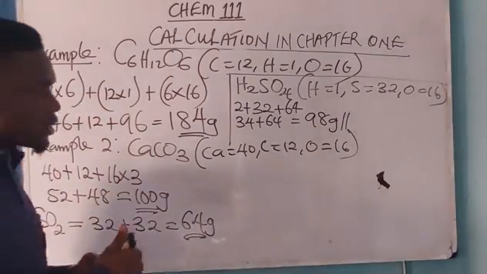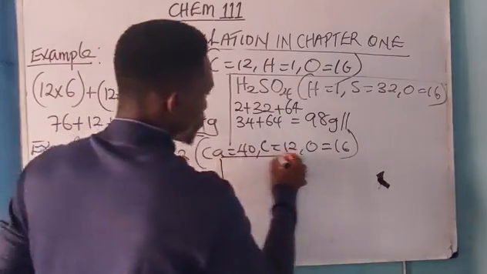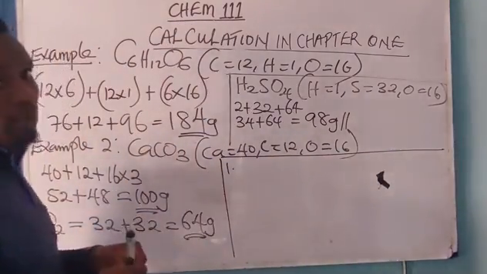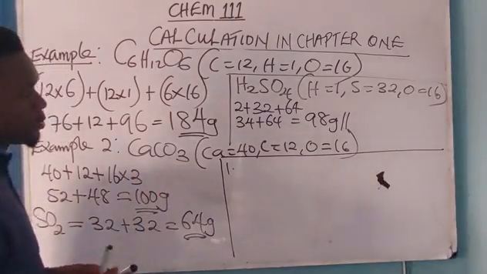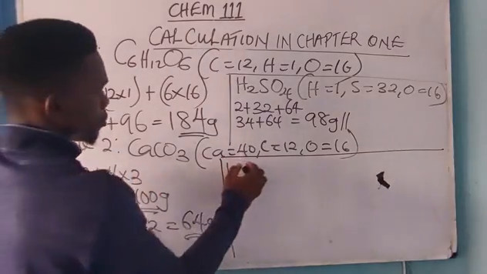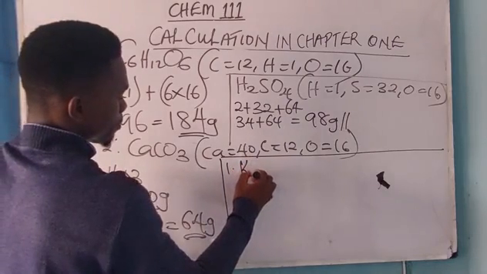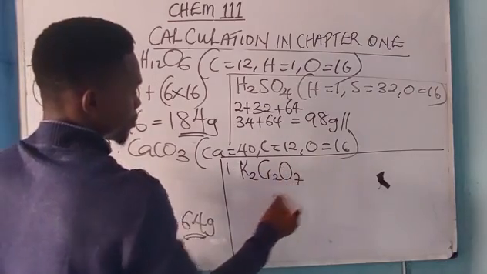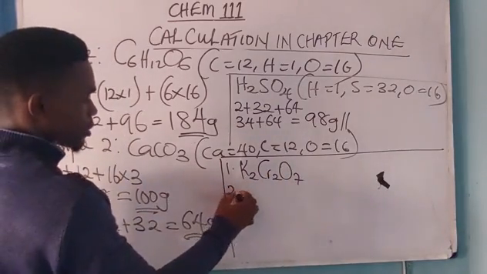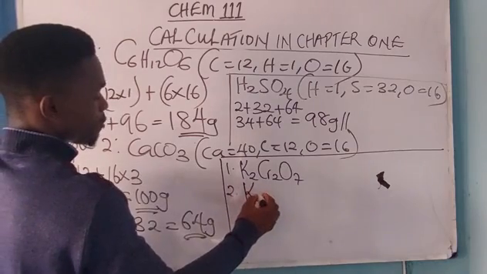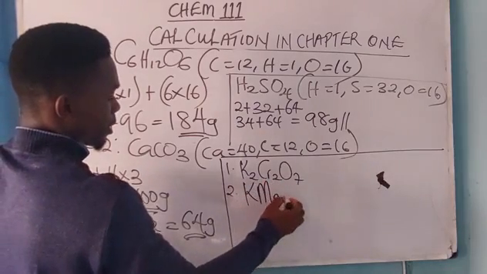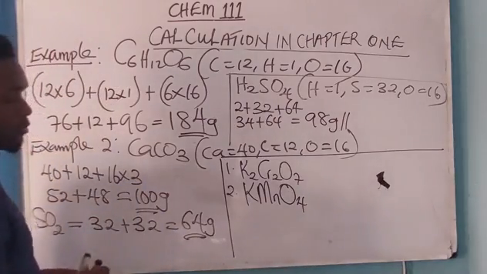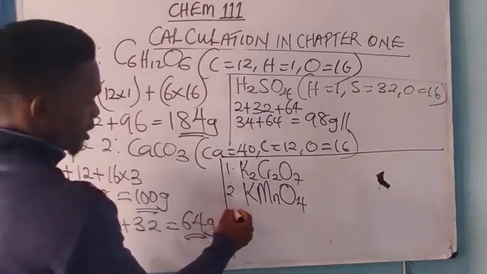Now take this one as your own assignment. Look for the molar mass or the molecular mass of the following compounds. Number 1, potassium heptaoxodichromate VII. Then you also look for the molar mass of potassium manganate VII, number 3.